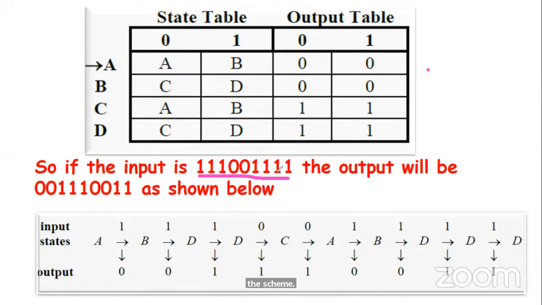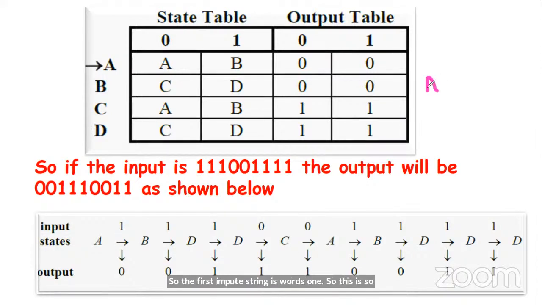I want to test this input string. The first input is what? 1. So the initial state is A. So we'll write out the initial state A, which is here, right? So the initial state is A. The first input is what? 1. So let me just draw it here so that it will be easy.